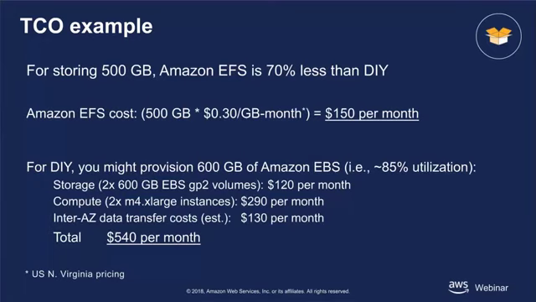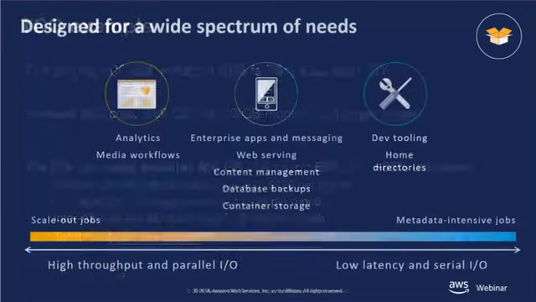Pretty considerable. And this isn't counting the soft costs like software licensing and maintenance, time for your people to configure and manage, and of course, just the complexities that can come from any challenges that come up. With EFS, you would save 70% compared to the do-it-yourself solution. So really good savings by going to a fully managed solution with EFS.